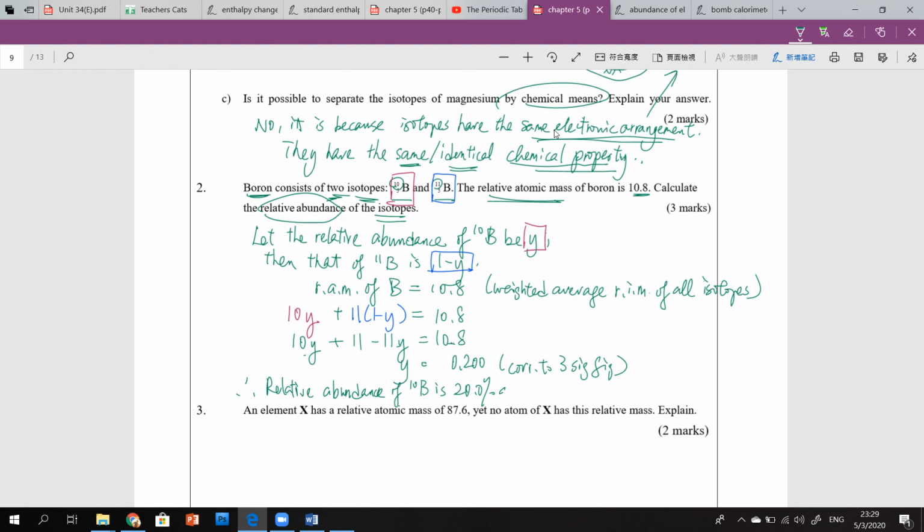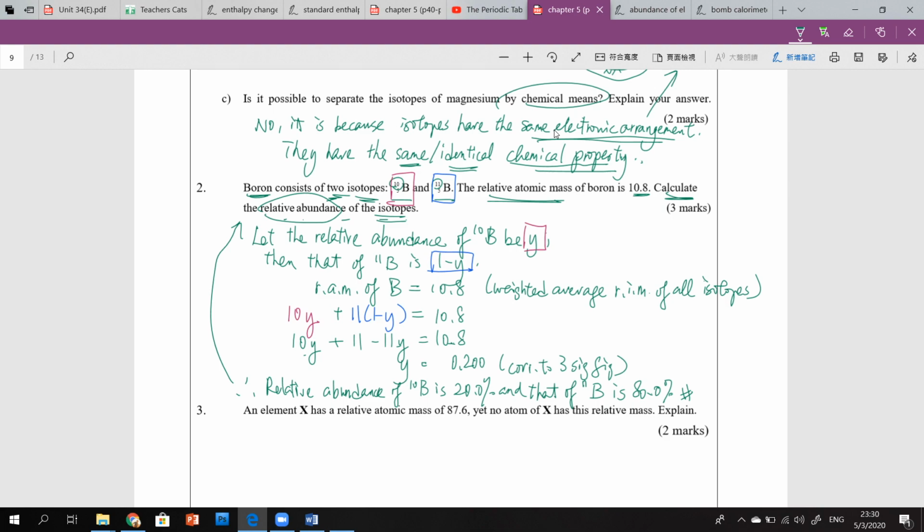And the relative abundance of boron-11 is 1 minus Y, which means 80.0%. Is that clear? Now you're going to answer this one: the relative abundance of the isotopes, you're going to find out. Okay? Is that clear?